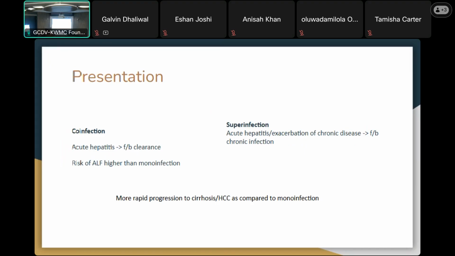Superinfection is worse because they probably already have liver damage, and now there's a second hit. Co-infection, there's a chance that it actually self-resolves, and the risk of acute liver failure is lower versus superinfection. What the line at the bottom says is if you have two of them, then obviously the disease is going to progress faster than if you just have one of them.